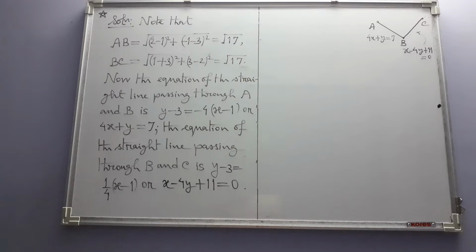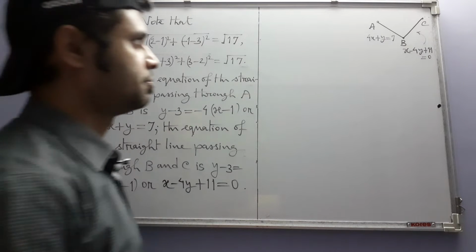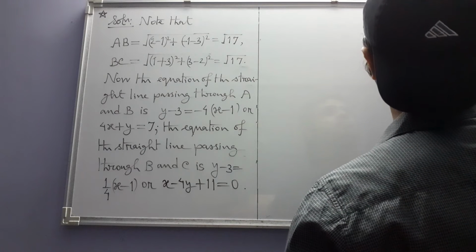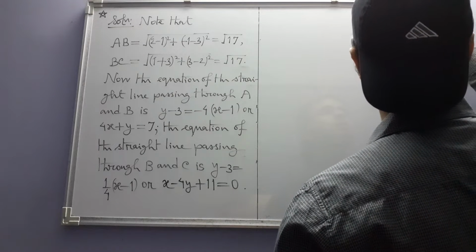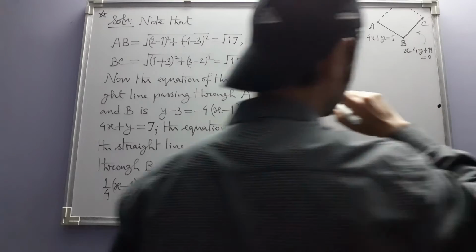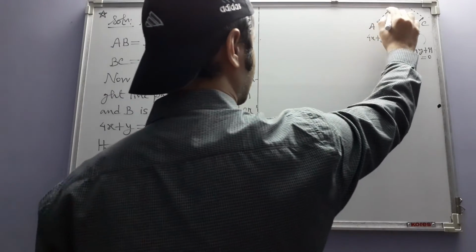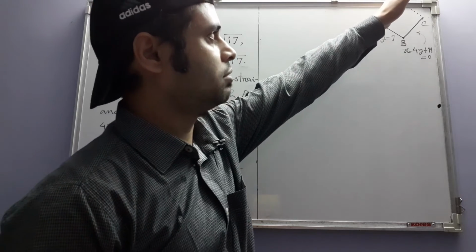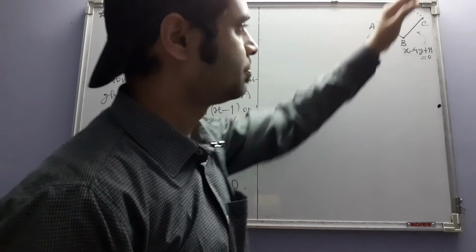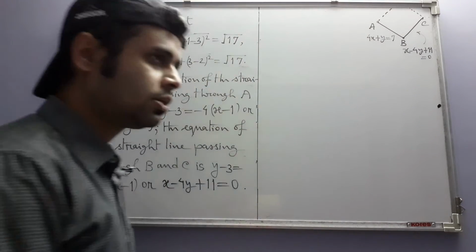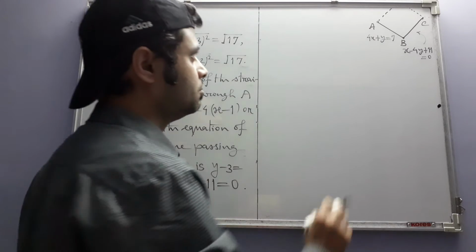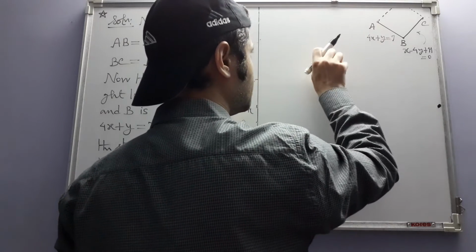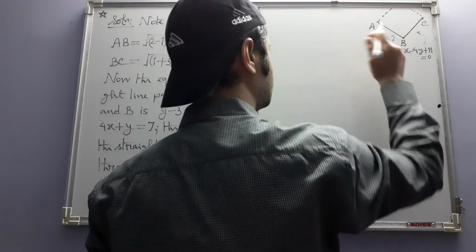So what shall we now do? That is the question. If you extend this, the way I have drawn this, it's not very nice, but you can understand. You will have the required point here. To find the coordinates of that point, we need to solve these two equations.